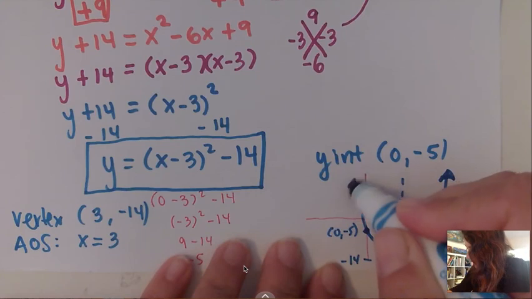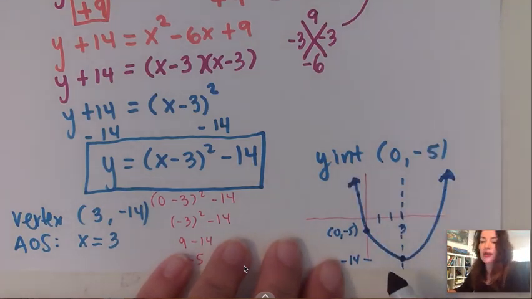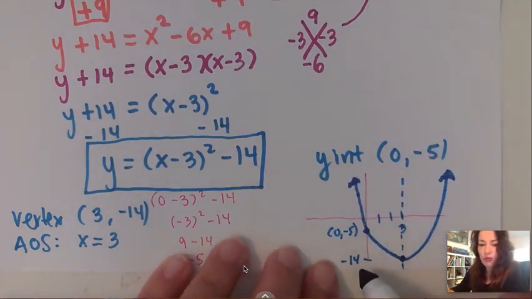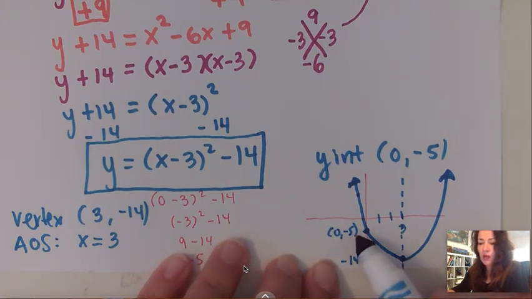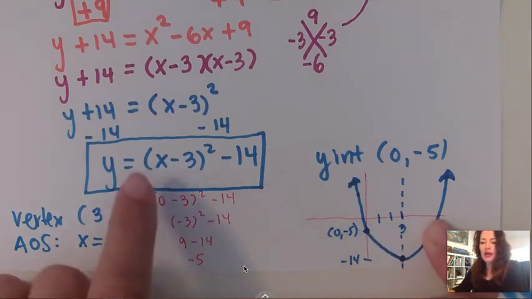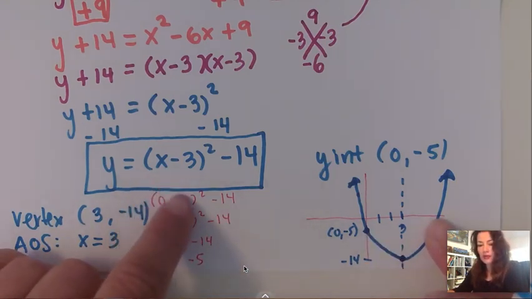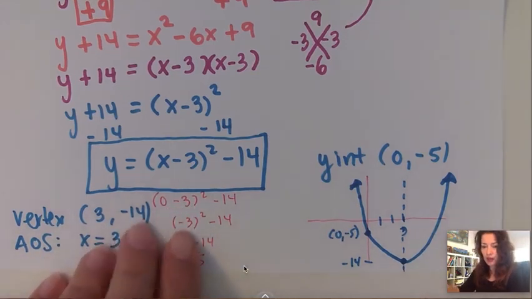This is a sketch, so it is not accurate, but it does show the main points: the vertex is at (3, negative 14), my y-intercept is at (0, negative 5), and my equation is y equals (x minus 3) squared minus 14.